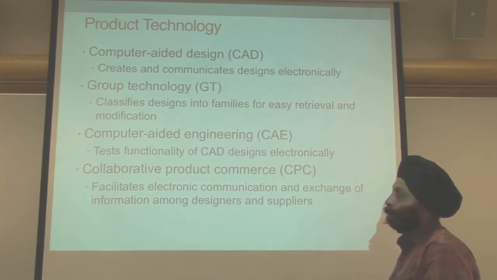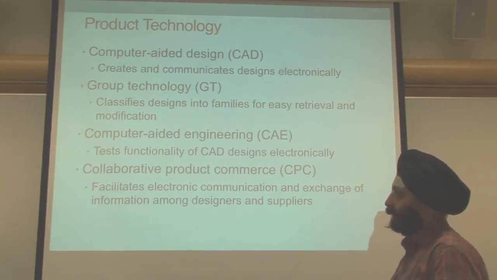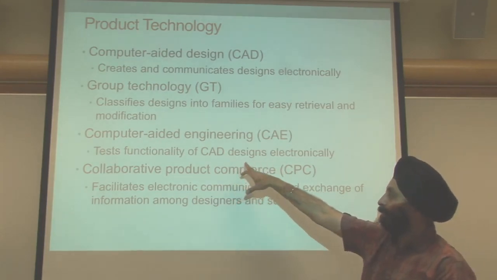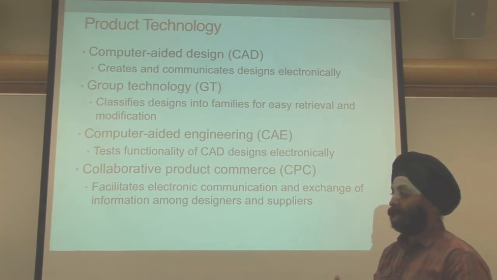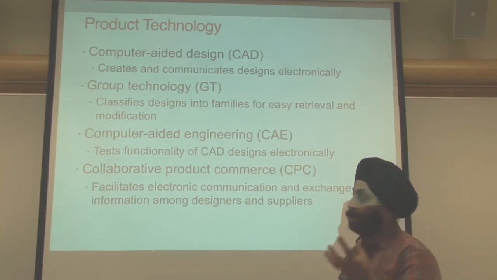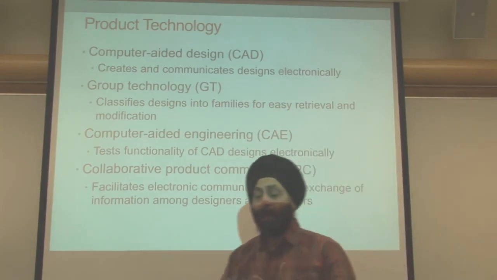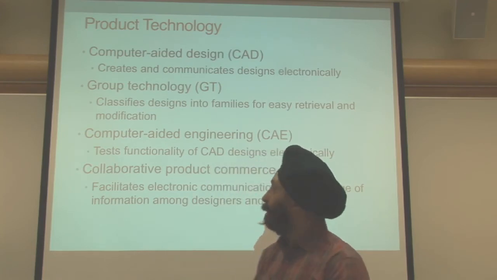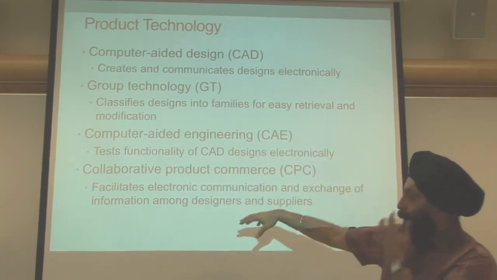That's how group technology facilitates that decision making. Computer-aided engineering tests the functionality of CAD designs electronically to see if we design the product using CAD this way, will it really work out in unique stress environments or not? So that's computer-aided engineering.